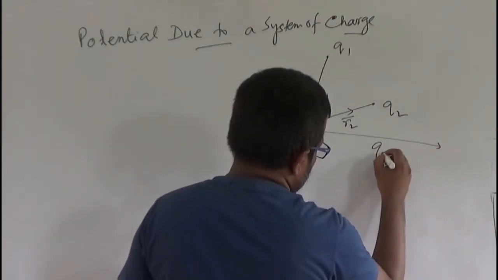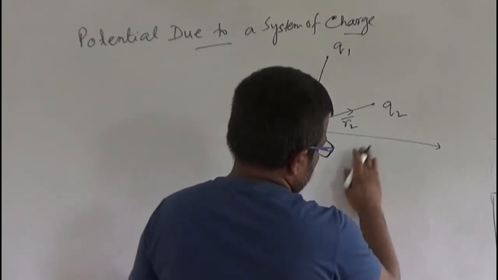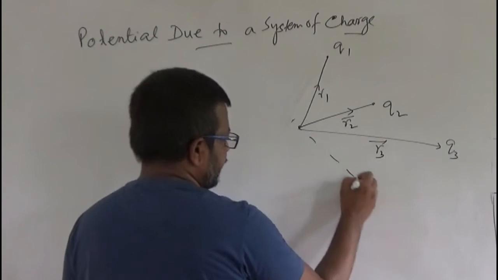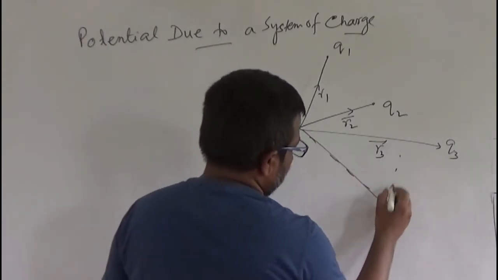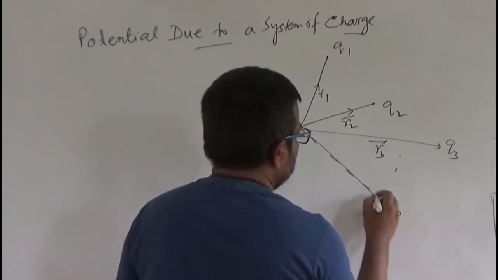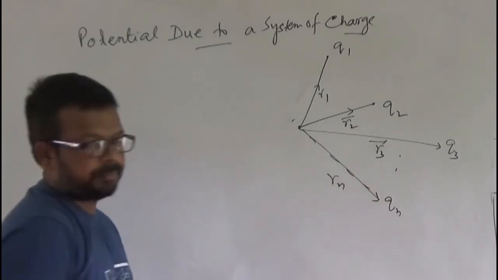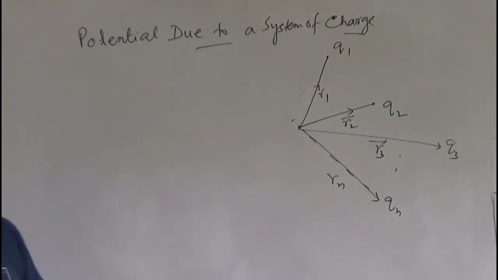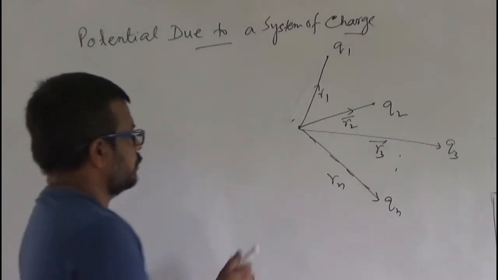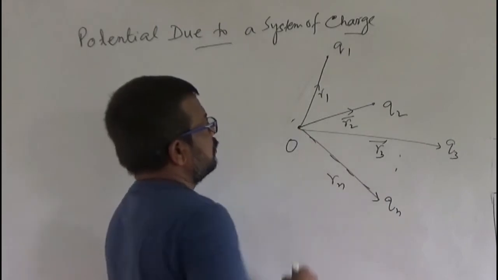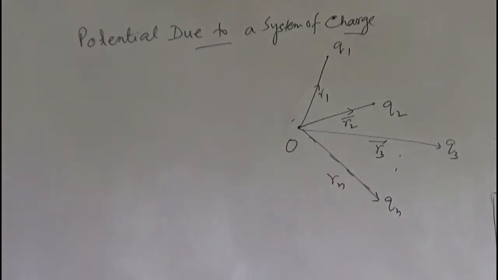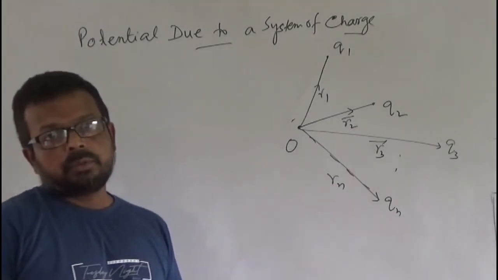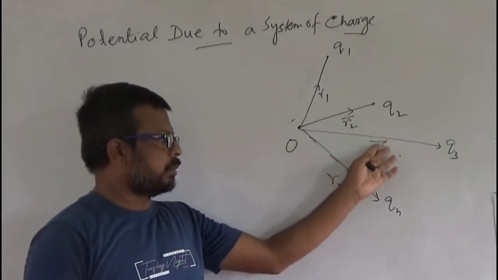Charge Q3 is at R3, like this, dot dot dot, charge Qn at Rn. This is the charge configuration, or system of charge. We take O as the origin. We have considered charges Q1, Q2, Q3, dot dot dot Qn with position vectors R1, R2, R3, Rn.